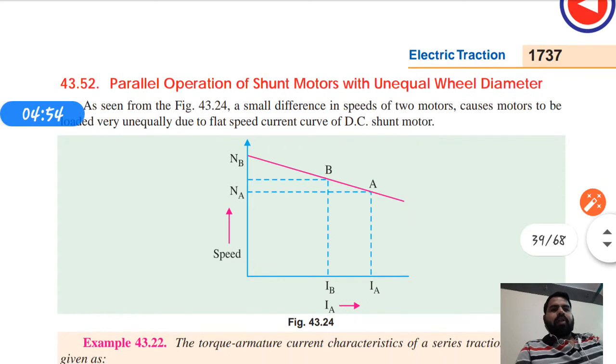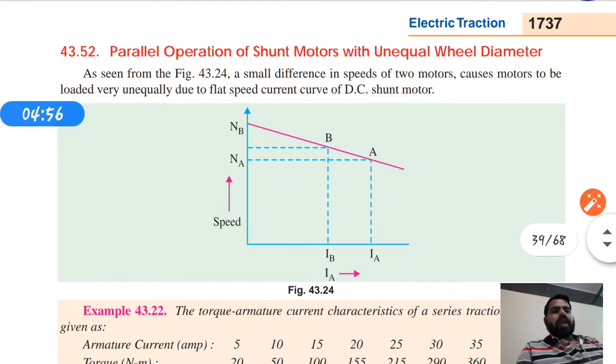Next is the parallel operation of shunt motor with unequal wheel diameter. As seen from this figure, a small difference in speed of two motors causes motors to be loaded very unequally due to the flat speed current curve of DC shunt motor.